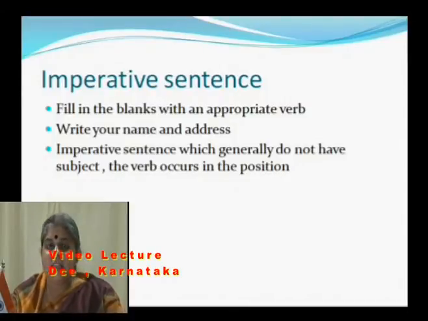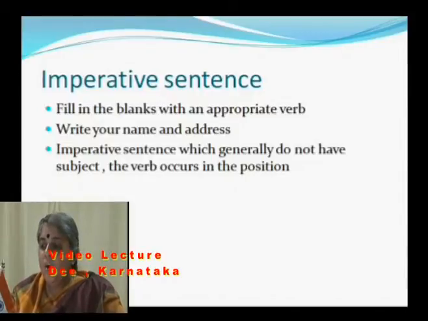In imperative sentences, what are imperative sentences? Imperative sentences are those sentences which carry command and request. What happens in an imperative sentence? It generally does not have a subject. The verb occurs in the first position. Look at the sentence. Fill in the blanks with an appropriate verb.